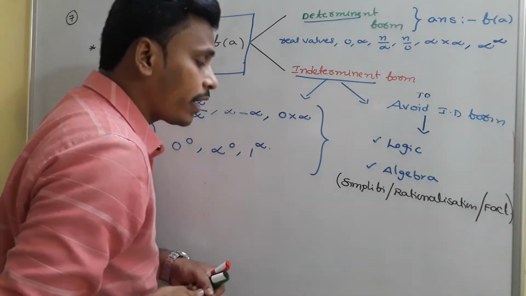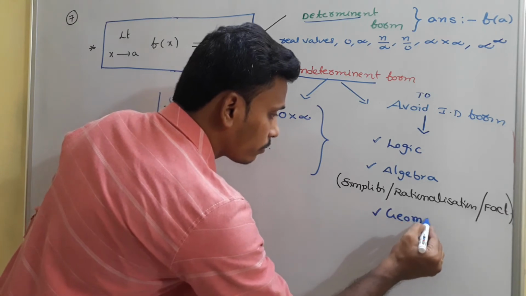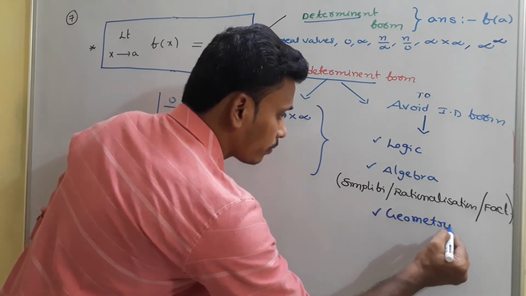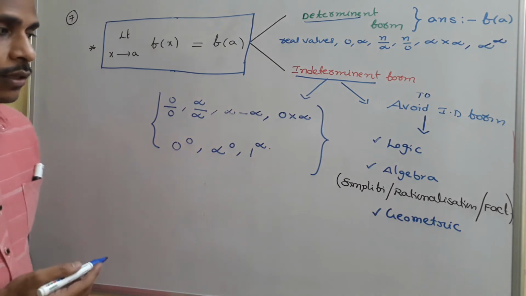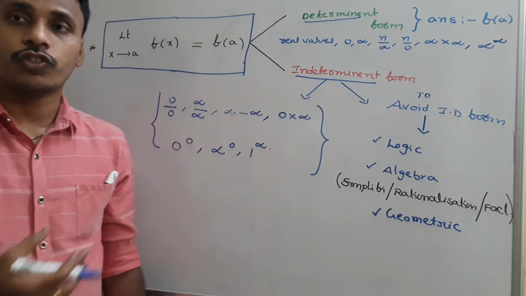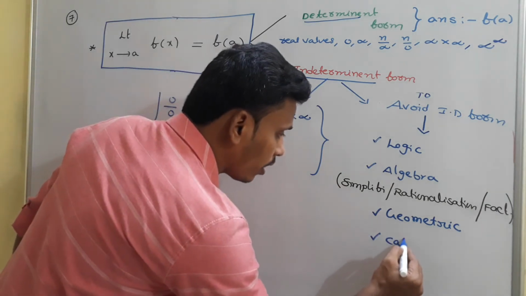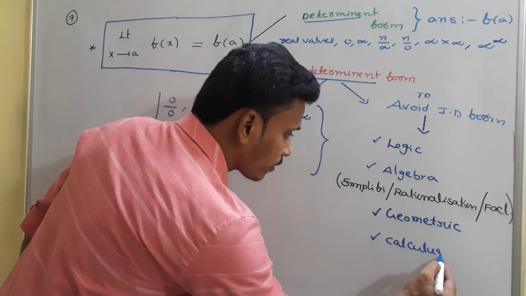Or to avoid indeterminate form, you just go with your geometric skill. So coming to geometric skill, see, plane geometry as well as trigonometry, everything comes under these geometric ideas. Not only geometric ideas, you may go with the calculus ideas.